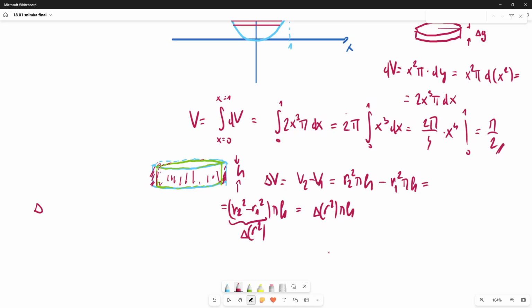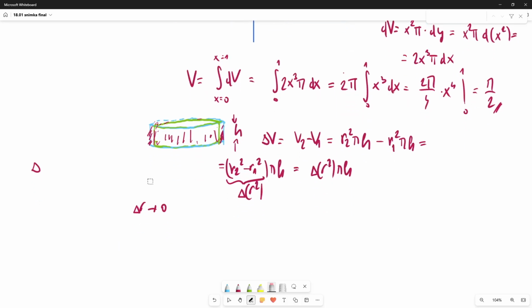As we let our delta R go to 0, take a limit, we get a unit volume dV equal to d of R squared times pi times h. The differential of R squared is equal to 2R.